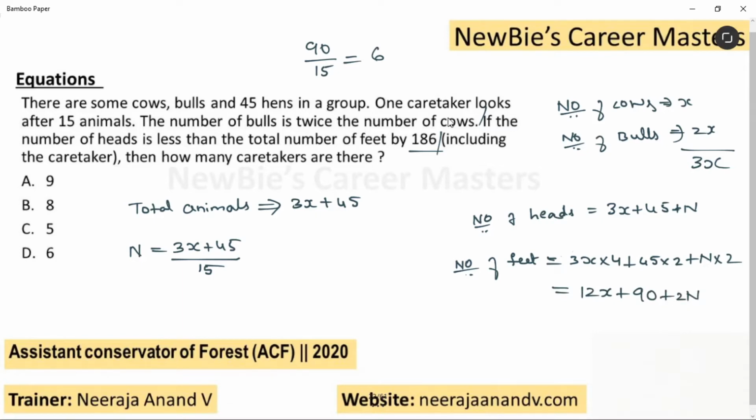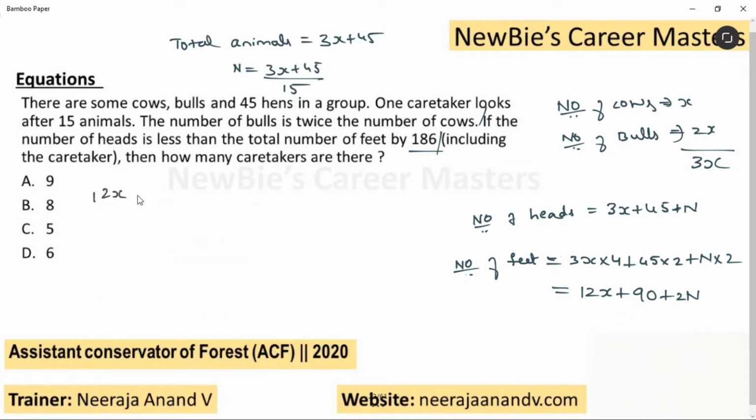Let's read the given information again. If the number of heads is less than the total number of feet. The meaning of this is, the difference of these two is 186. Am I clear? We can form the equation like this. (12x plus 90 plus 2n) minus (3x plus 45 plus n) is equal to 186.